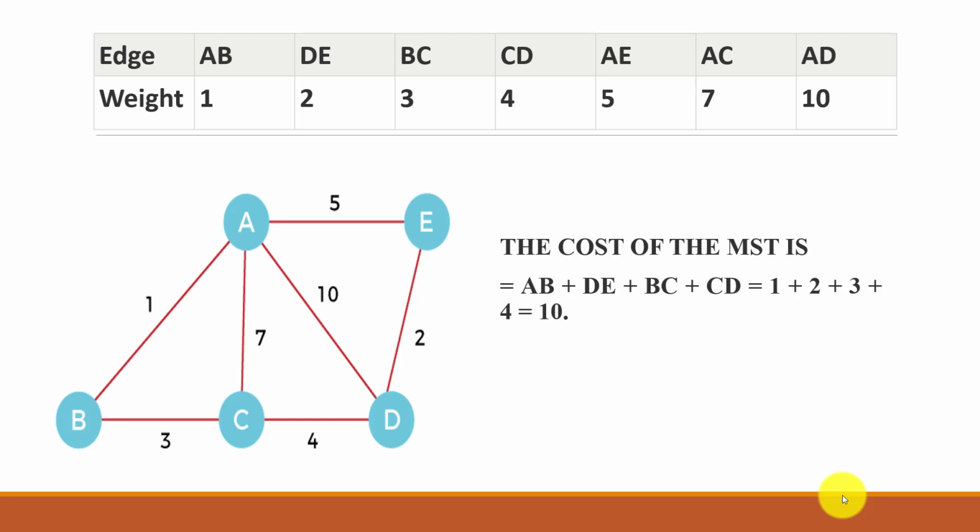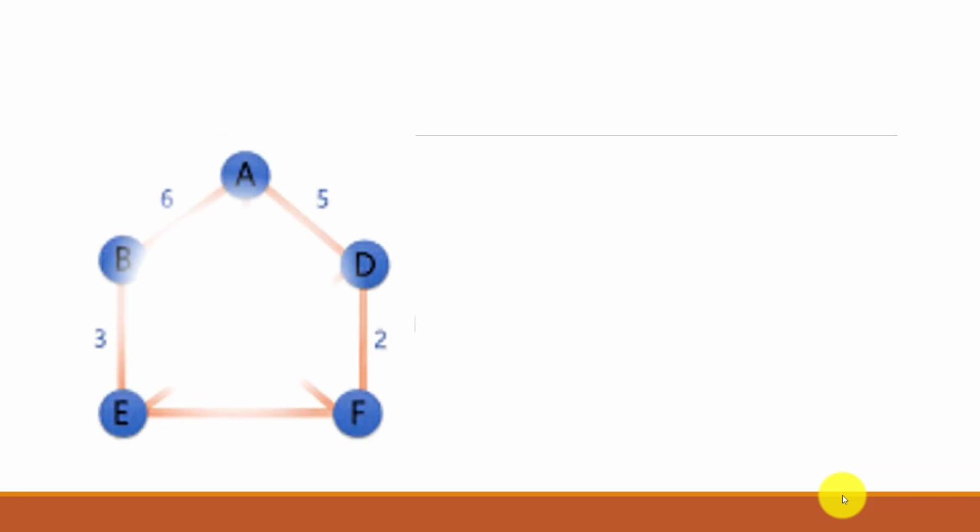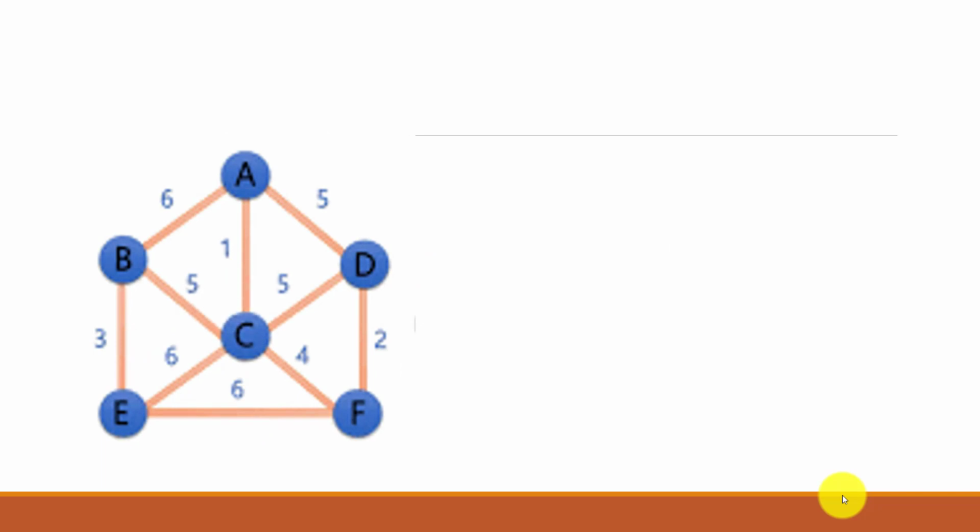Now let's understand this with one more example. Now let's consider this graph. Here in this graph you can see there are vertices A, B, C, D, E and F having the weights 1, 2, 1, 2, 3, 4, 5 and 6.